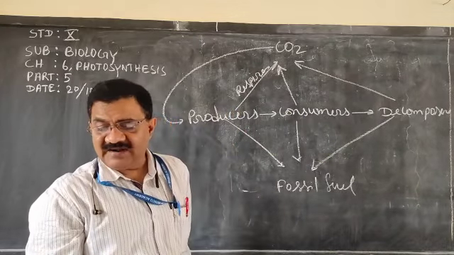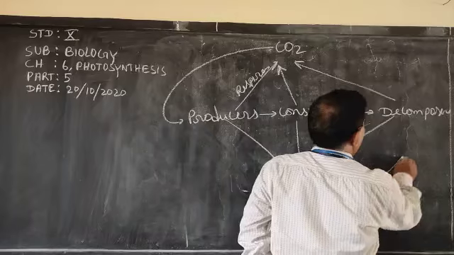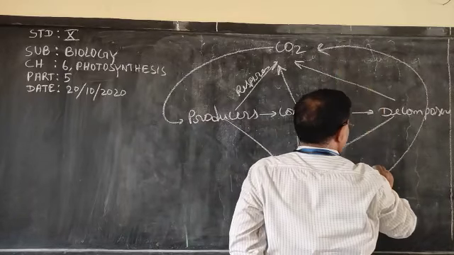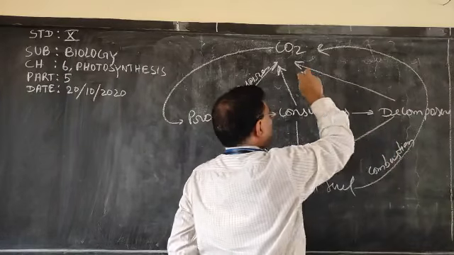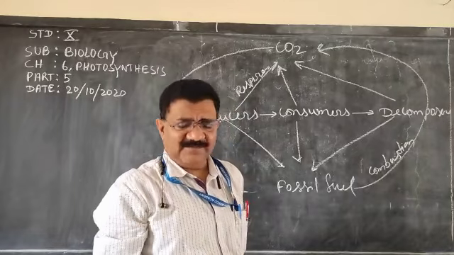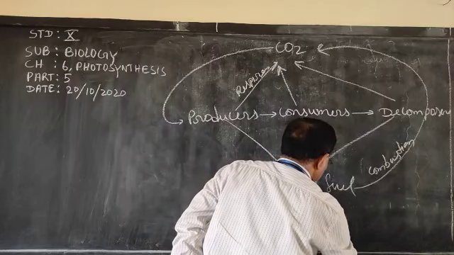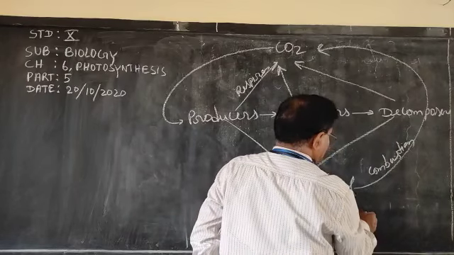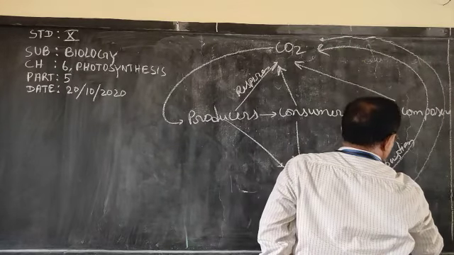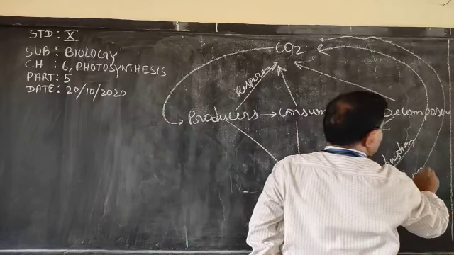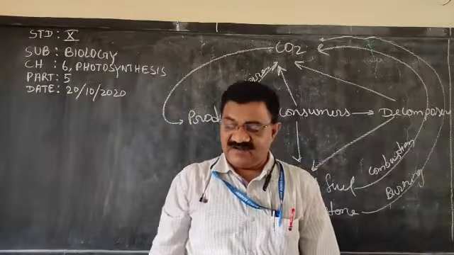And when this fossil fuel is burned by combustion, the carbon dioxide will be returned to the atmosphere. Sometimes limestone, when you burn the limestone, it will release carbon dioxide, and that carbon dioxide will go back to the atmosphere, and this way the carbon cycle is completed.